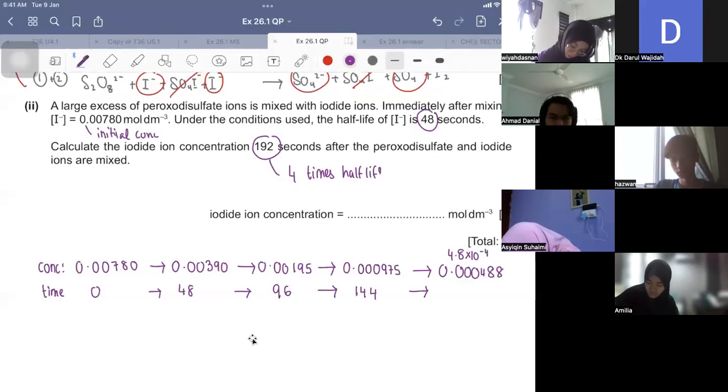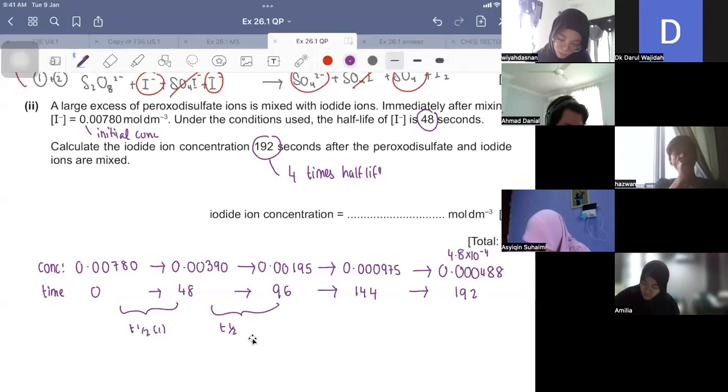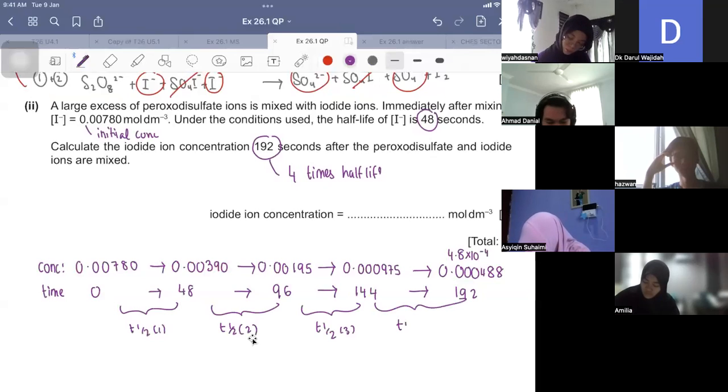And then 144 plus 48 is 192. So each of these sections is our half-life. Okay, so T half of 1, T half of 2, T half of 3, and T half of 4.